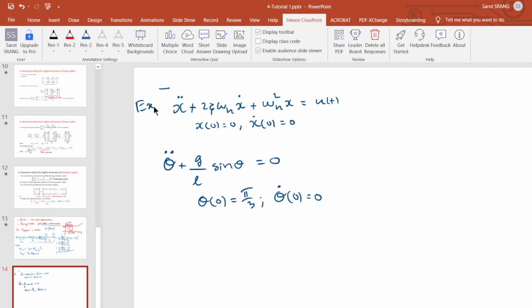So with these two examples, I want you to ask yourself how can you implement the numerical method I just showed earlier for solving this equation. Okay. So any idea?